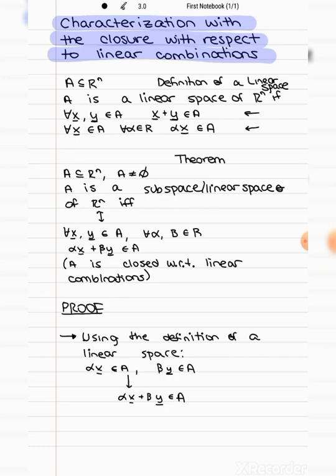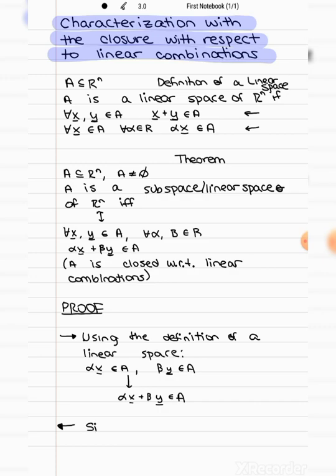Now in the other direction, it's actually even easier. Because if we want to prove it backwards, basically we start off knowing that this is true, that alpha times x plus beta times y must belong to A. And we have to prove the two properties that we stated above.